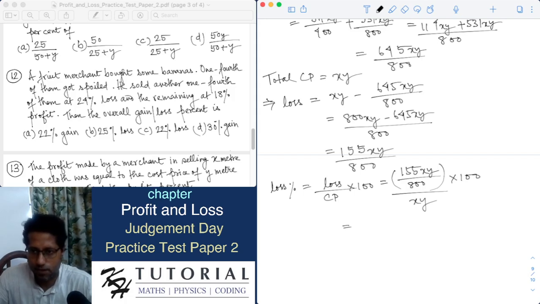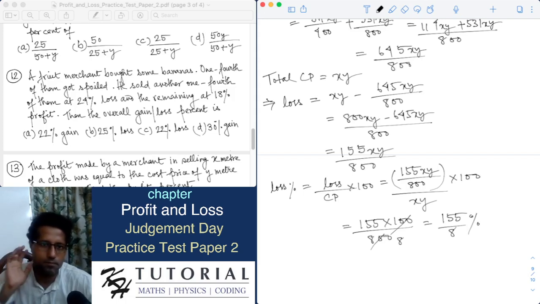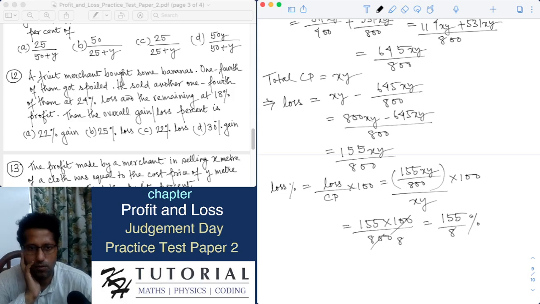The xy cancels out, so this becomes 155 into 100 divided by 800. This comes out to be 155 by 8%. And this is definitely not matching with any of the choices.